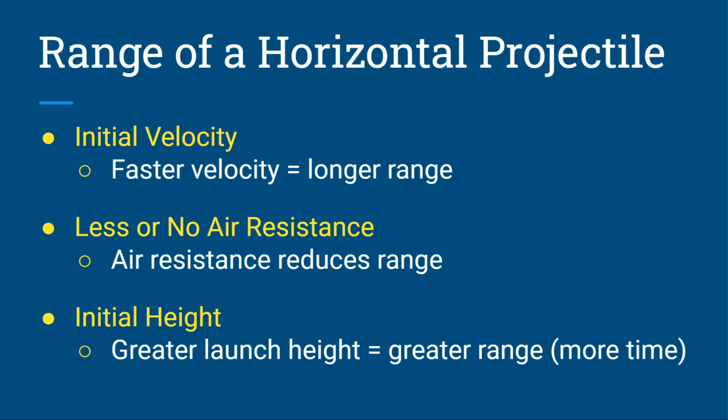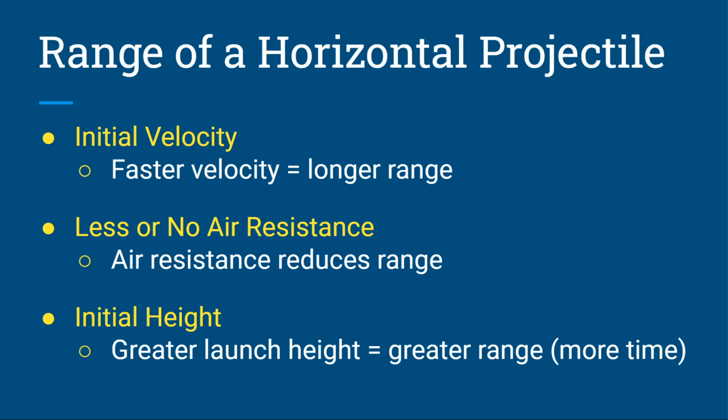Air resistance was another thing I had you test. Air resistance reduces range, so if you want a longer range, you need less atmosphere. You'd need to do the same test in a vacuum chamber or something. Less or no air resistance is going to give you a greater range.